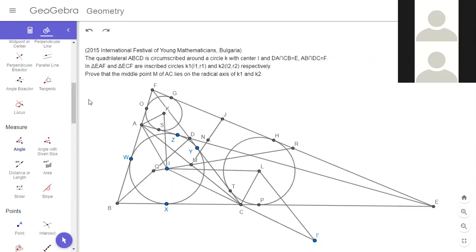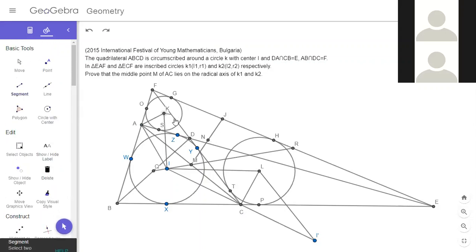So if N is the midpoint of KL, let me delete this for a sec. If I take the midpoint of KL, then CMN is similar to both those triangles. So CM is perpendicular to MN, and we want to show that KL is perpendicular to JM.